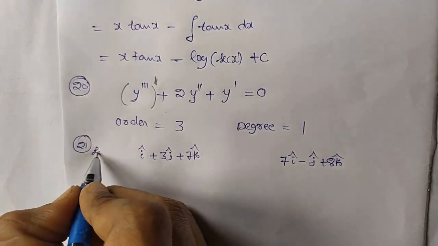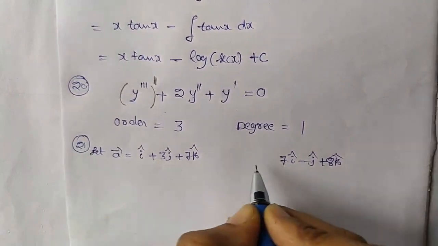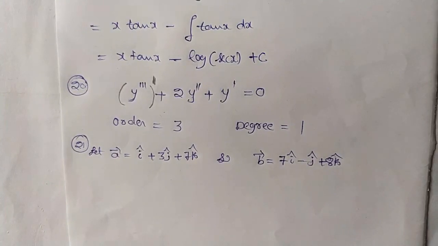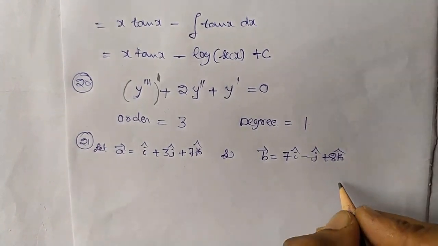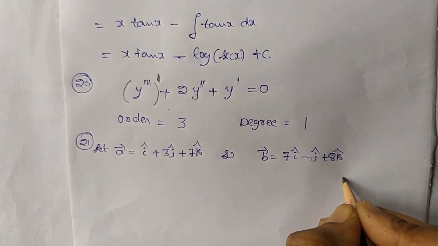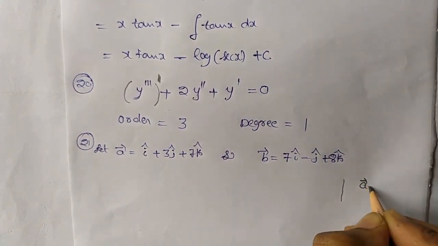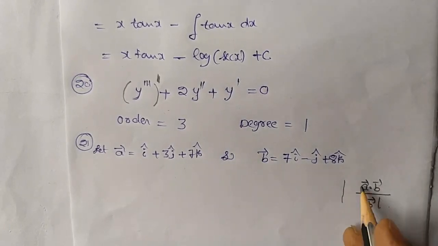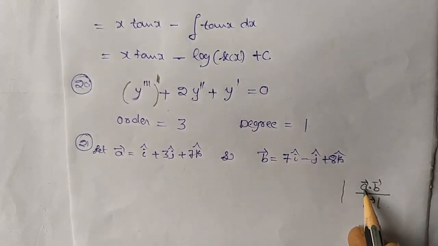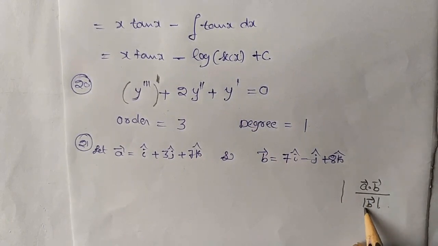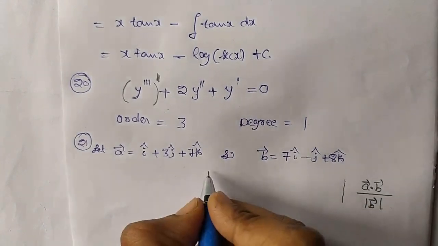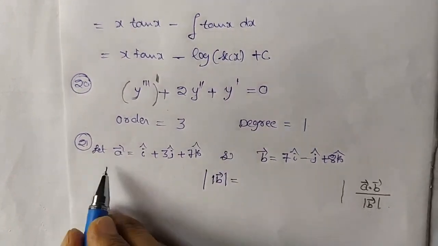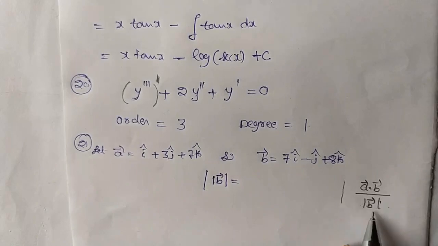So let us consider this vector as A and this vector as B. Now recall the projection of a vector in our vector algebra. The projection of vector A on B is A dot B divided by magnitude B. This you need to remember. First we should apply the dot product, after that find the magnitude. Here we just find the magnitude of the B vector. We don't want the magnitude of A, we want only the magnitude of B.